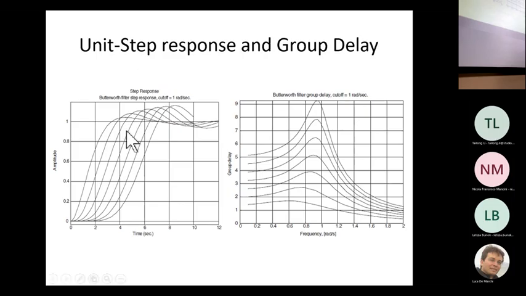Butterworth filters are characterized by a step response with some ripple. If you apply a step function to the input of a Butterworth filter, what you get is this kind of trend, which is more or less pronounced depending on the quality factor.